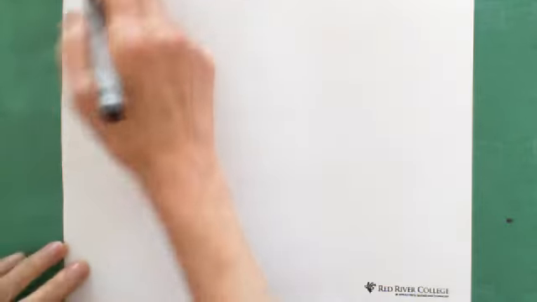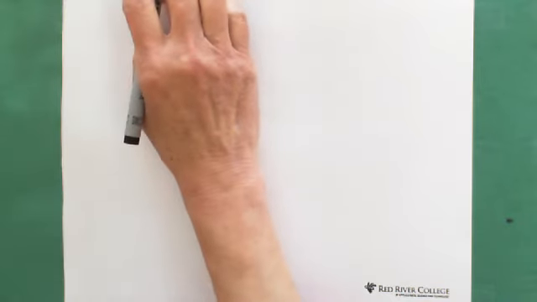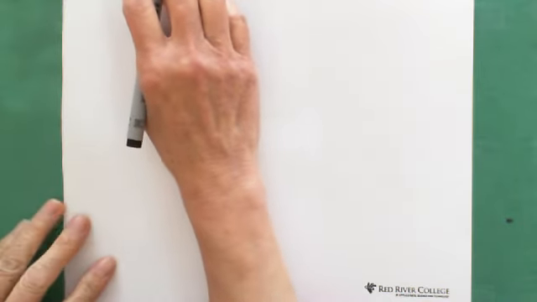Inside the radical we still have cube roots.